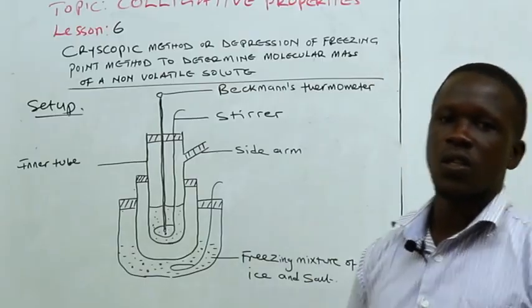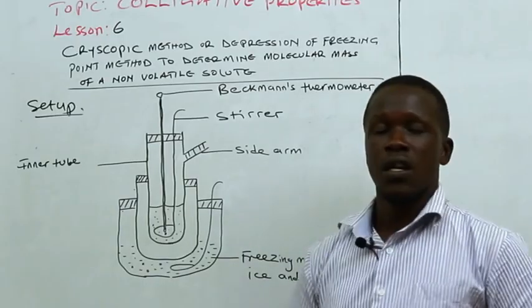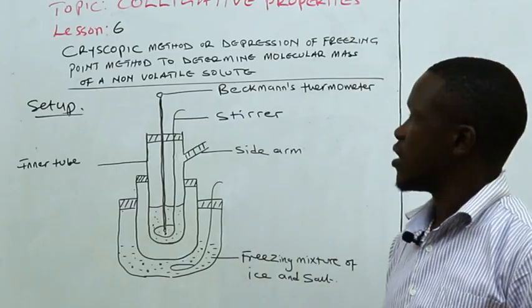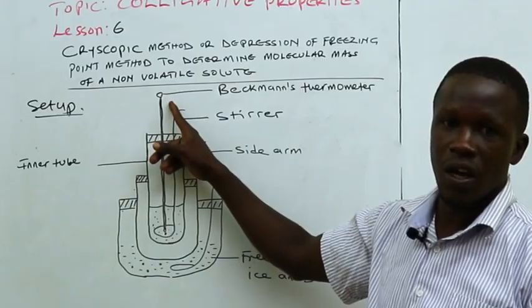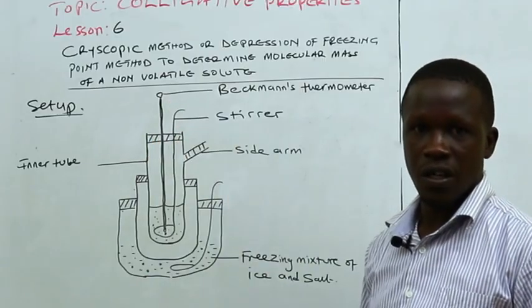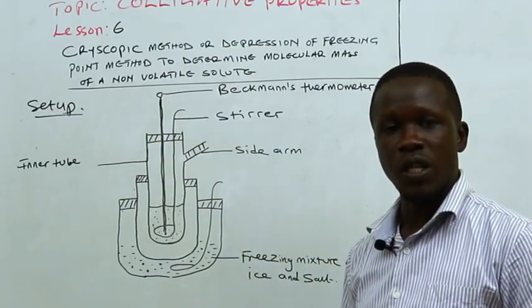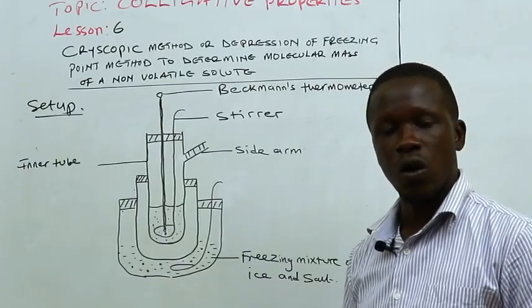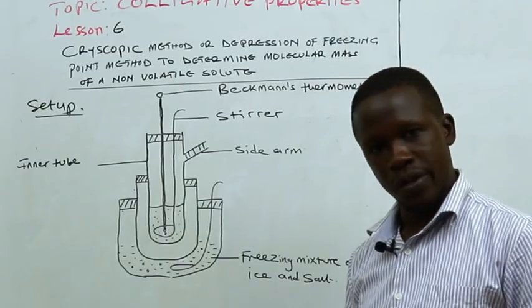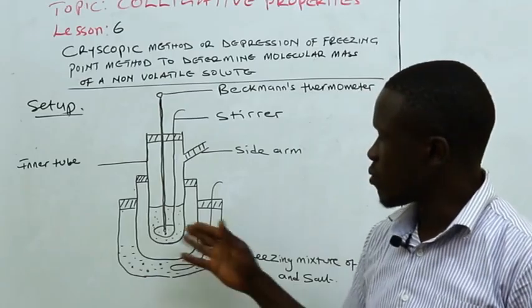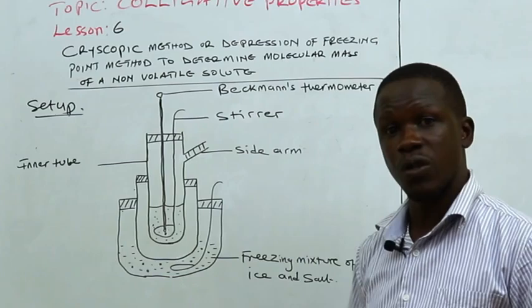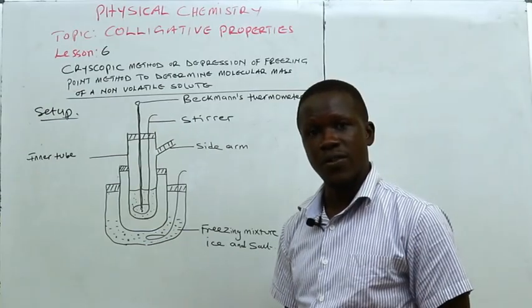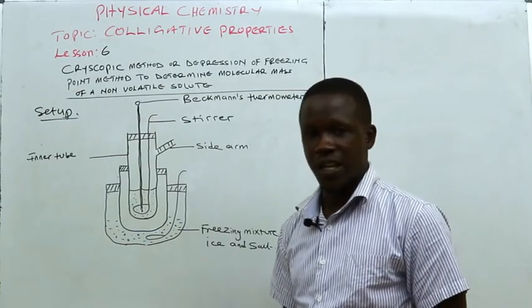In other words, what we do with this apparatus is to determine from the thermometer the freezing point of the pure solvent. Then later we determine the freezing point of the solution. Once we determine the freezing point of the solution, we can use the calculations to determine the molecular mass of the non-volatile solute.